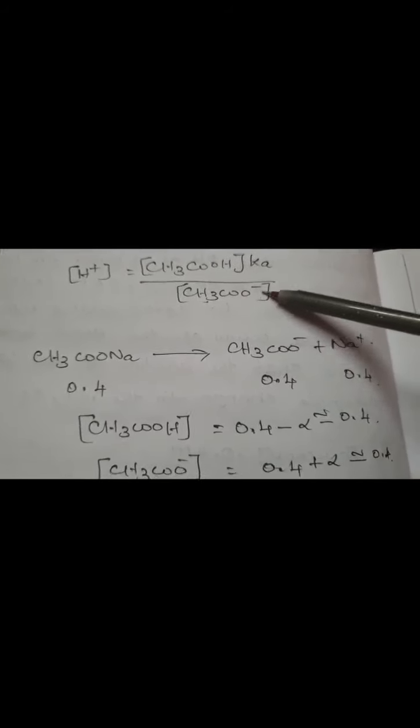So what is the concentration of acetic acid? Because here we need to substitute the concentration of CH3COOH and CH3COO minus. The acetic acid concentration is 0.04. From this, only a small amount alpha is removed, reacting.